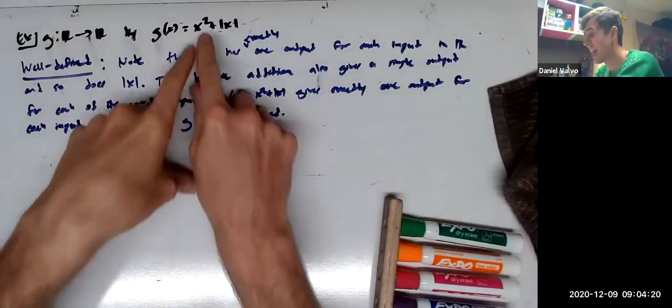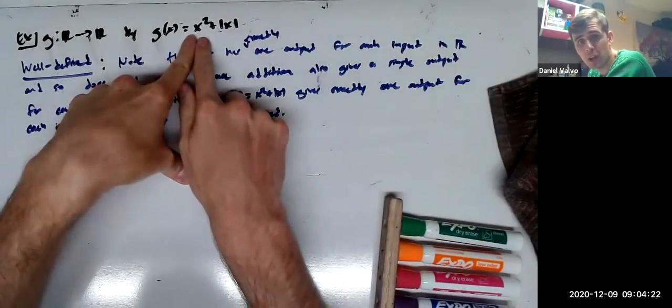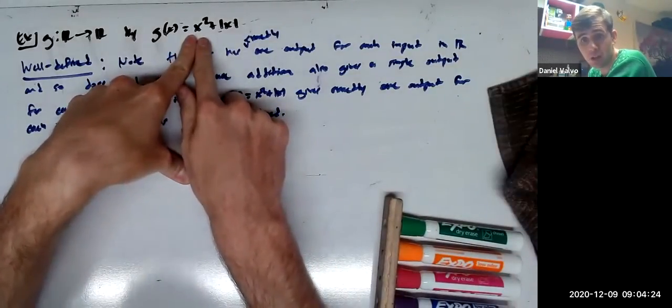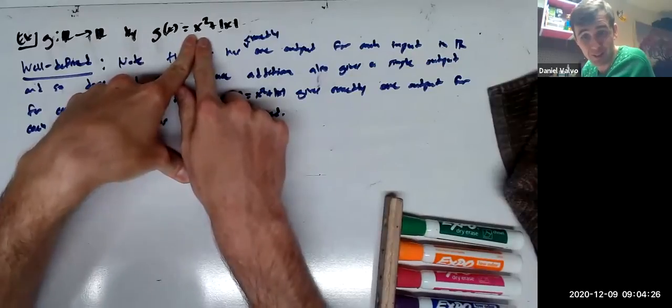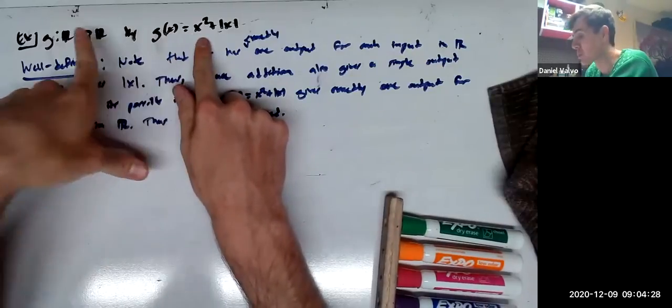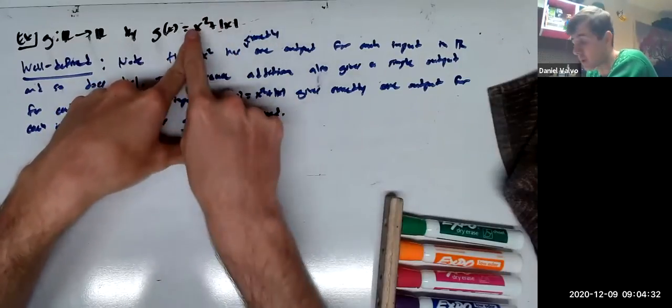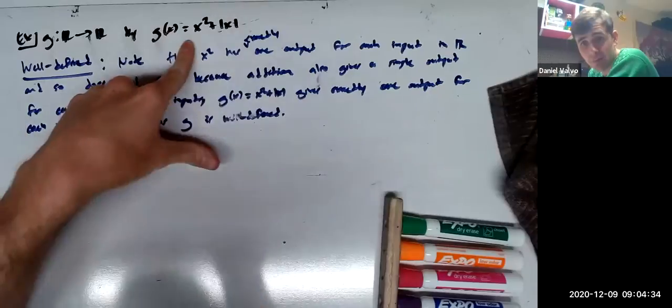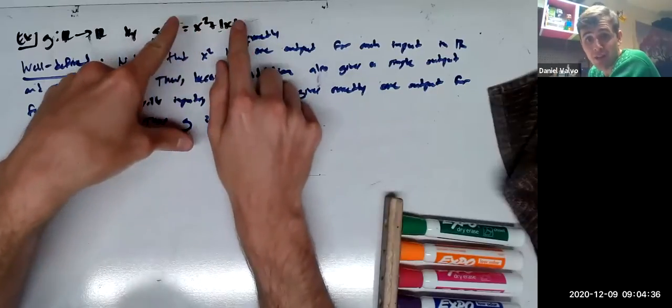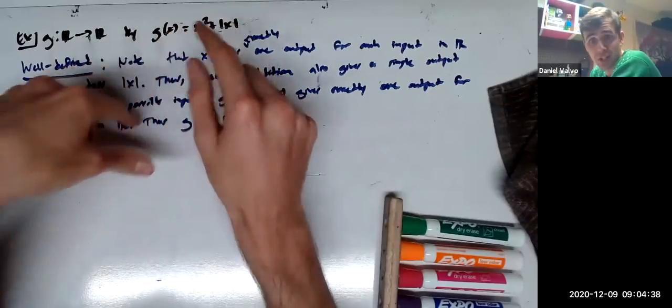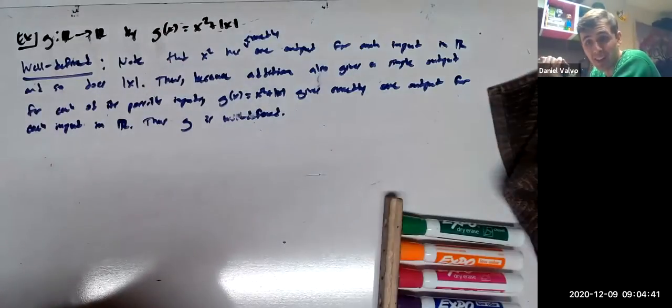Imagine any input in R, like 1 or 2. x squared is going to have one output. The absolute value of x is going to have one output. And when you add one output to one output, addition just has one output, right?